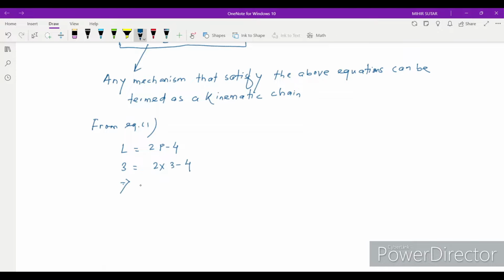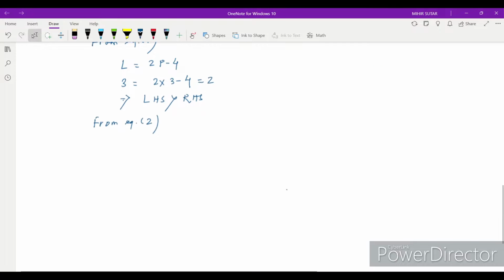So here we can see that your LHS is greater than RHS because it is coming around 2. From equation 2, J is equal to 3 by 2 L minus 2.